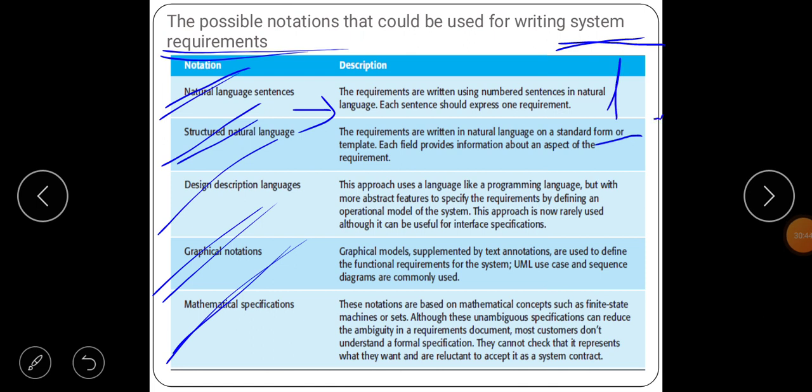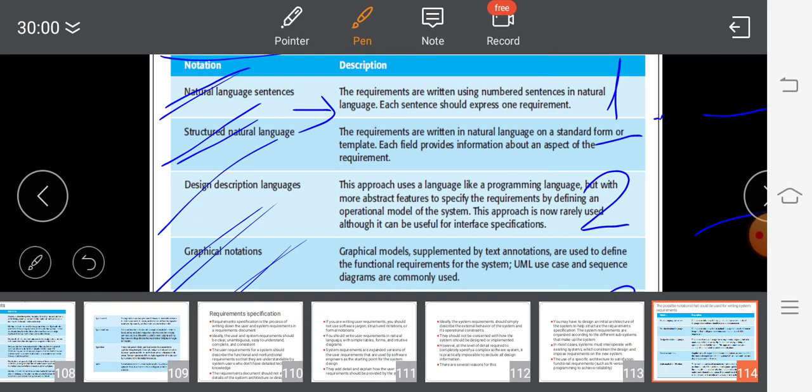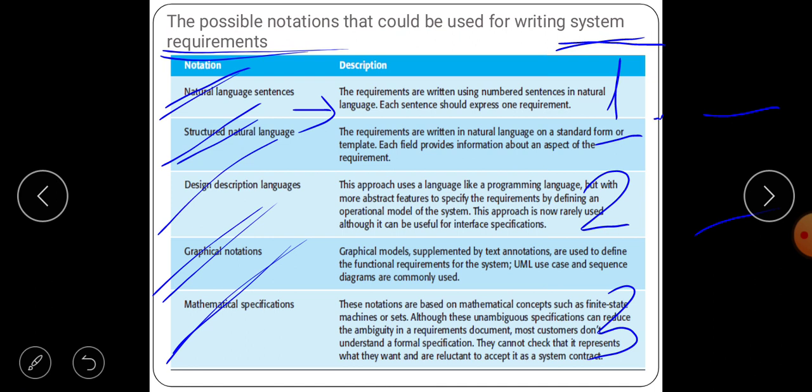You should write one sentence. 2, you should write one requirement. 3, another. Like that you have to give numbering for each of the requirements. That is only they are telling: each sentence should express one requirement.